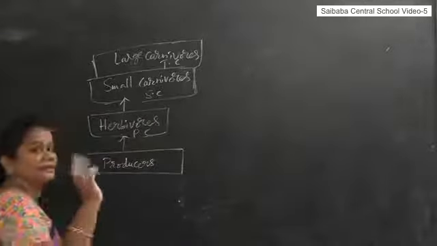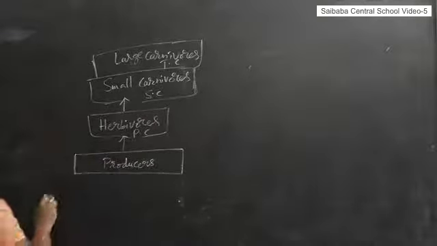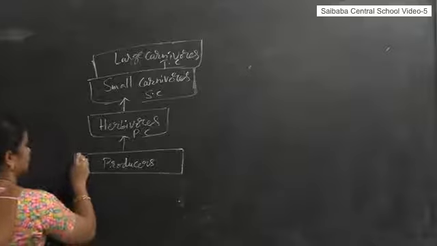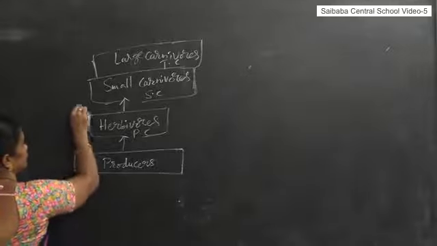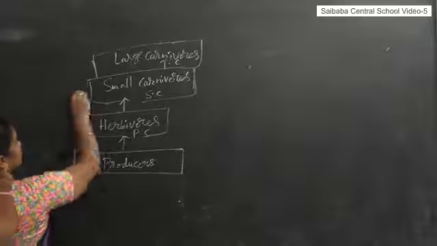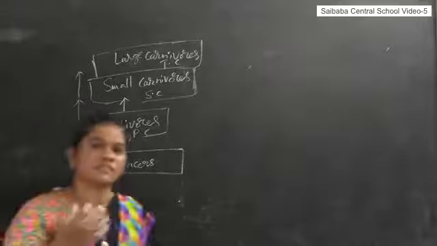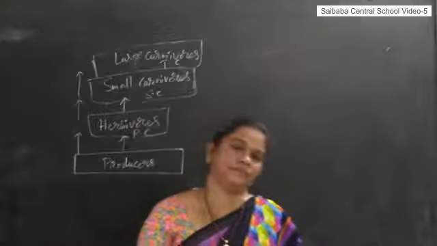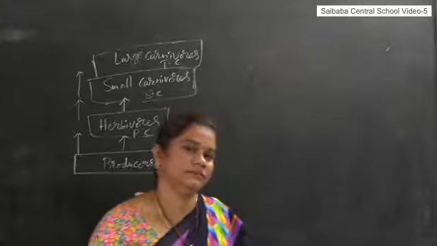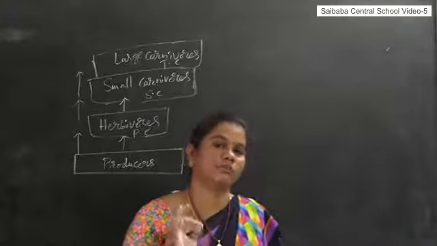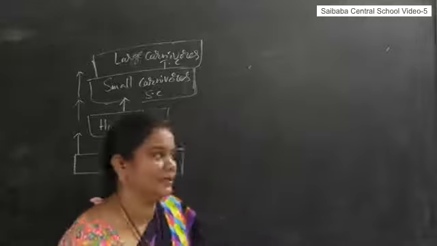So what are they? Let us see now. As we all know, energy always moves from producers to herbivores, herbivores to small carnivores and small carnivores to large carnivores, right? So when we study about the flow of energy in a food chain, the first and foremost interesting point that we notice is energy flow.